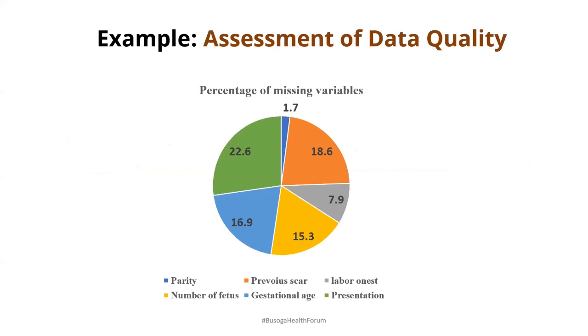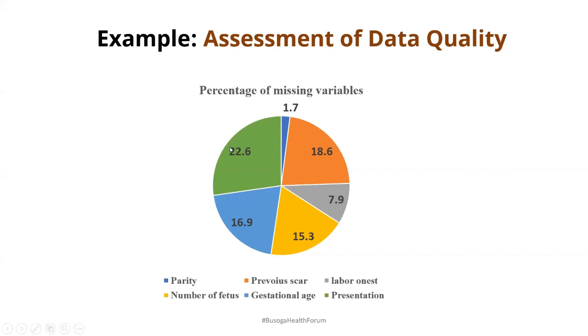Still, this is an example from our study assessing the quality of data. You actually see that there were gaps as far as data collection, documentation, and record keeping is concerned at Gulu Regional Referral Hospital. Over 5% of mothers that delivered during that study period could not be classified simply because they had missing variables.